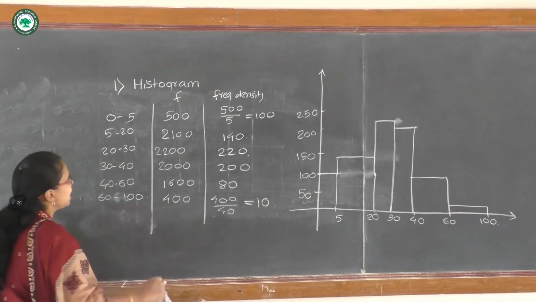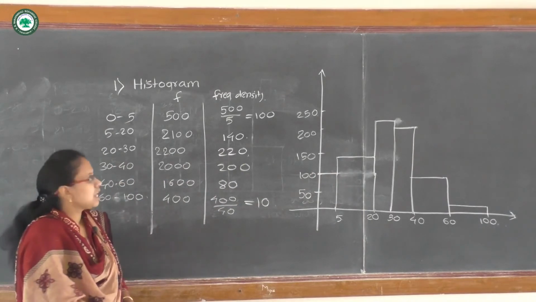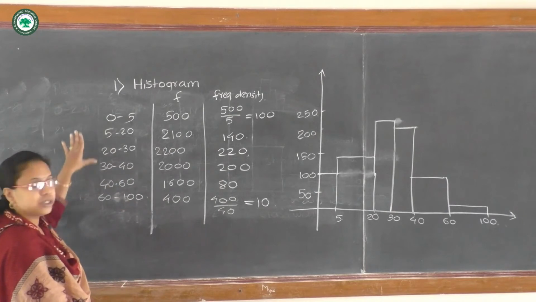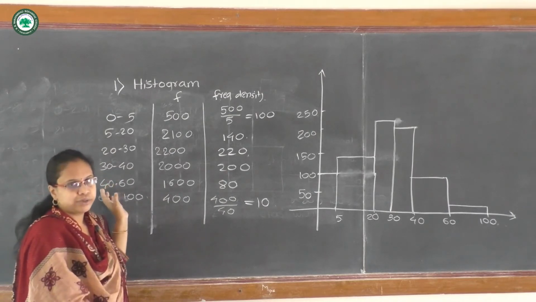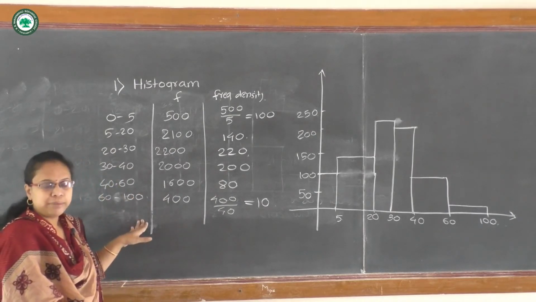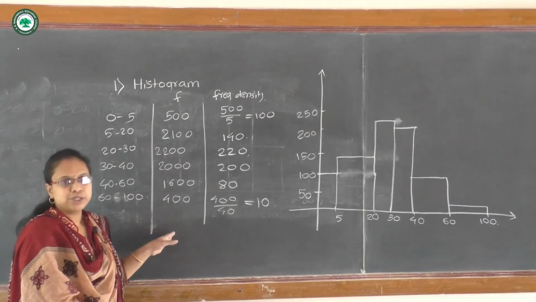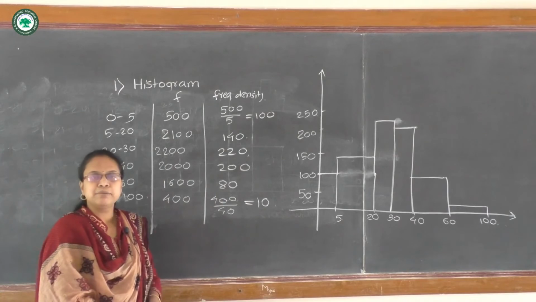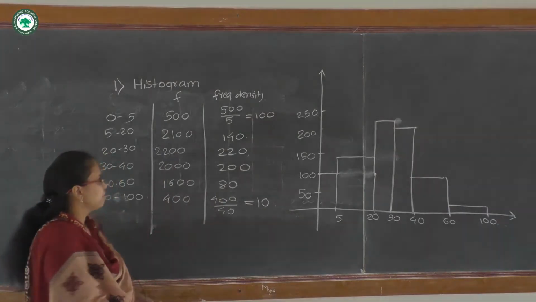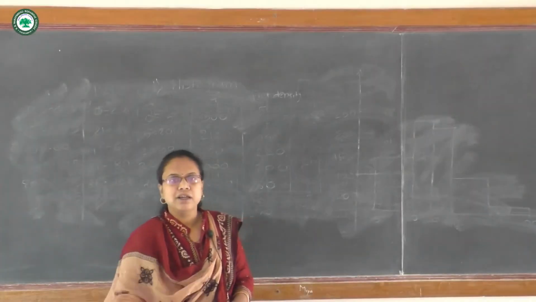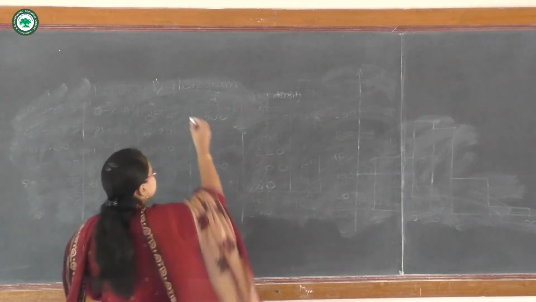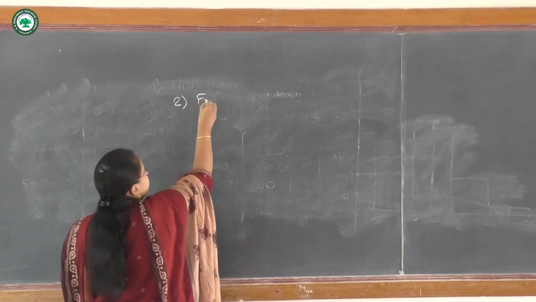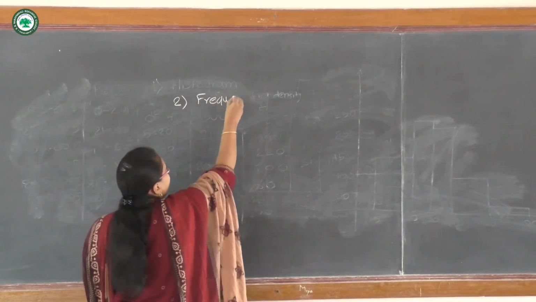Here we have to note that we can take this class width only when the classes are exclusive type. If they are of inclusive type, we have to make them exclusive by using extended frequencies, which are designated by class boundaries. So let's see the new type of graph, that is second, the frequency polygon.